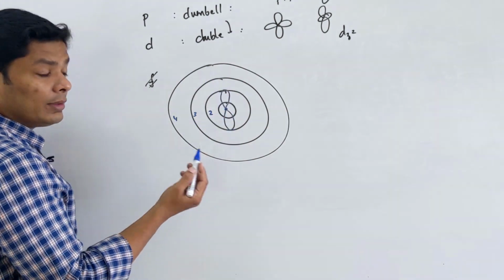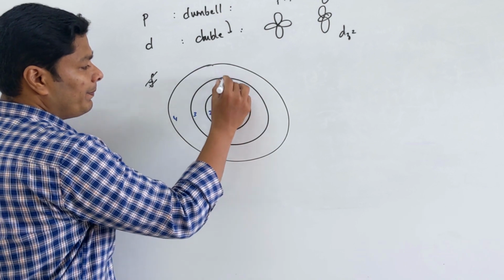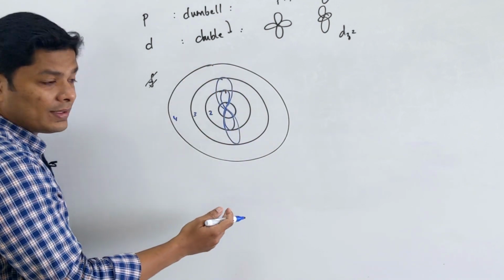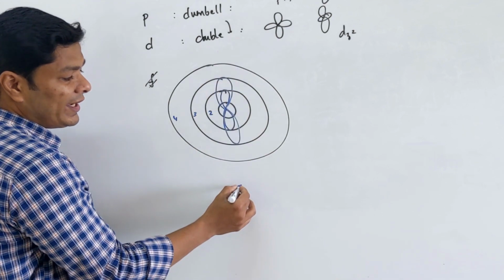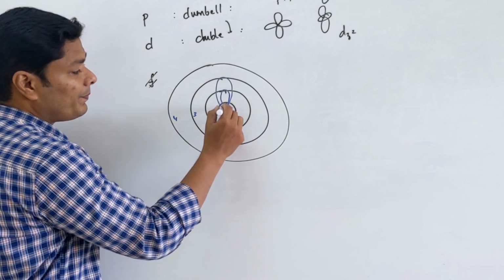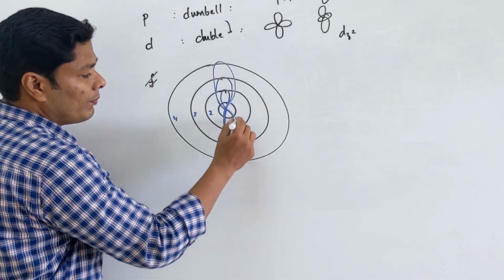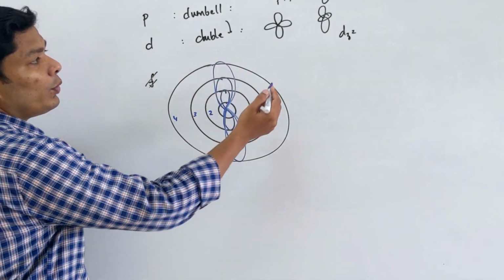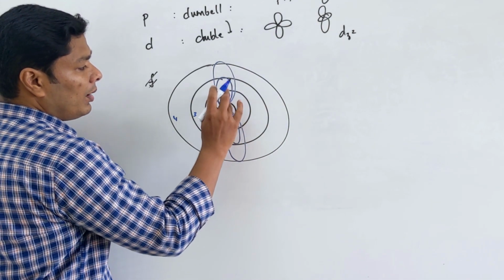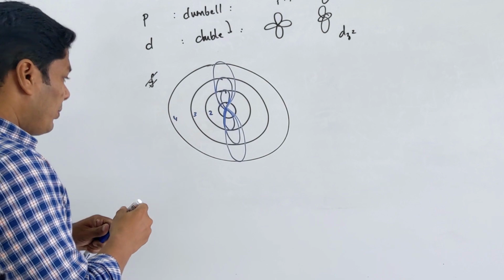How about n equals 3? 3 p orbitals, so they are going to be, this is just a reference, it's not exactly in one axis, but let's say for example this axis we take as px, this is 2px, 3px, 4px. Similarly, if you overlay, you can do the double dumbbell. In the same way we can draw d orbitals.